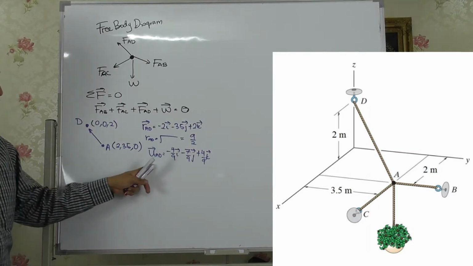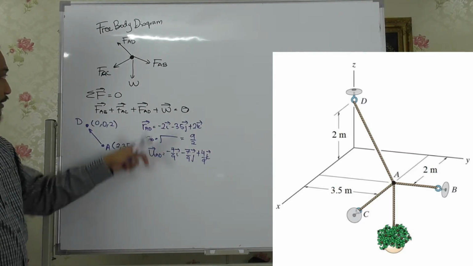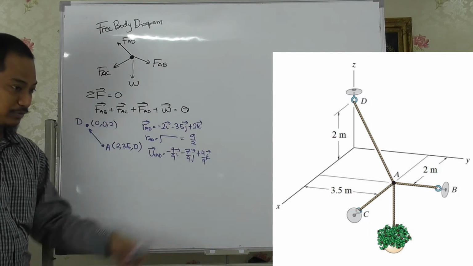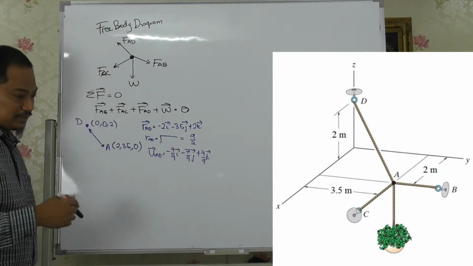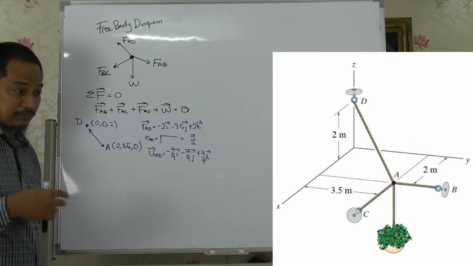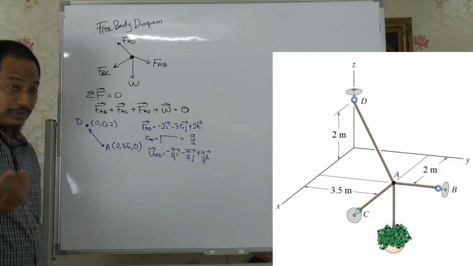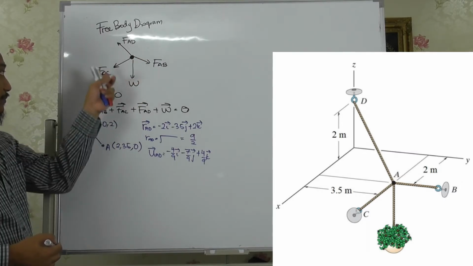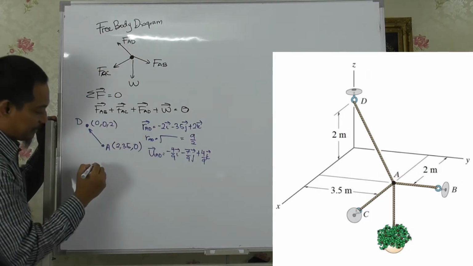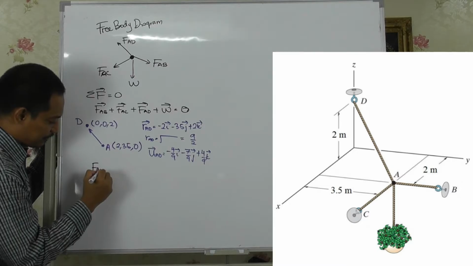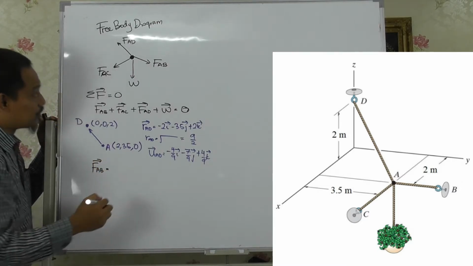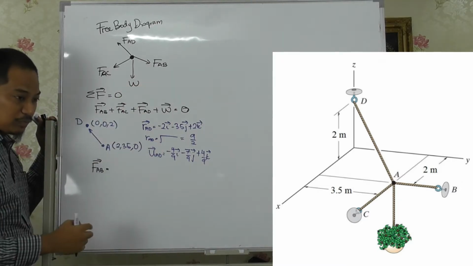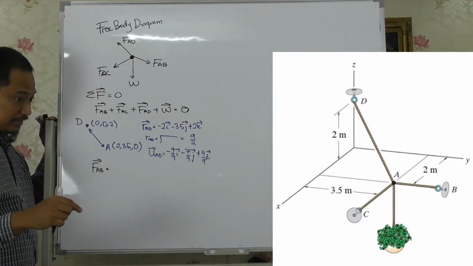So from here you can already express FAD, right? It's just the magnitude of FAD multiplied by the whole thing. What we are given is that one of them is 900 Newton, but for now we do not know which one yet, so we have to express everything in these terms, right? So for the FAB vector, it is along the y-axis in the positive direction, right?